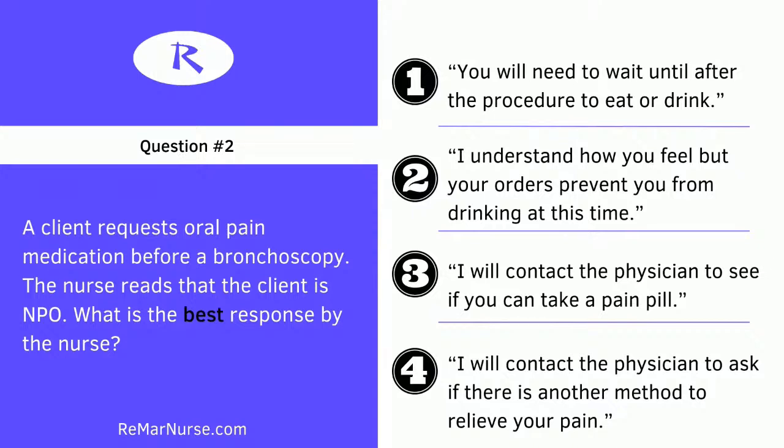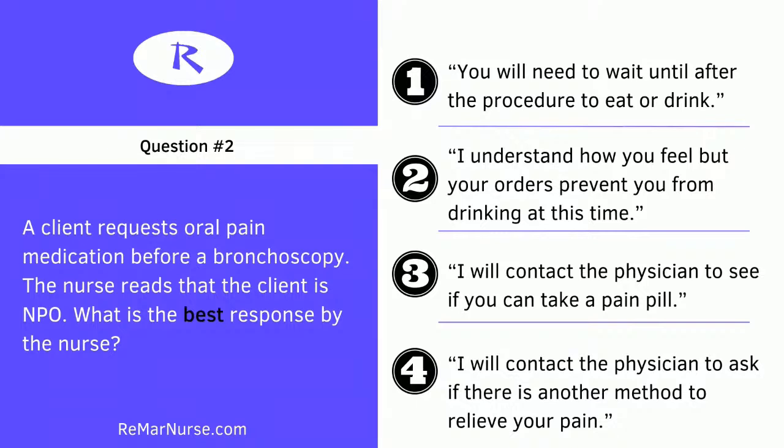Number 2, I understand how you feel, but your orders prevent you from drinking at this time. 3, I will contact the physician to see if you can take a pain pill. Or 4, I will contact the physician to ask if there is another method to relieve your pain.